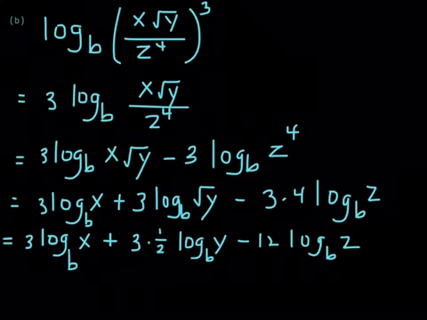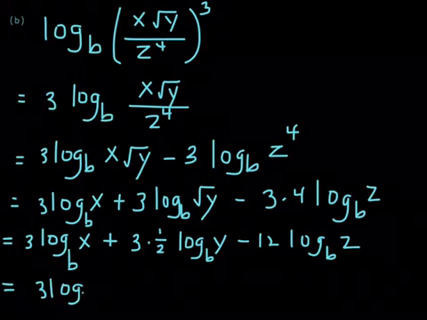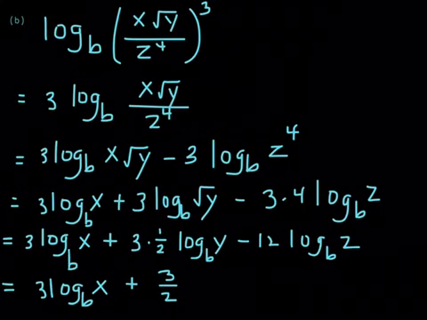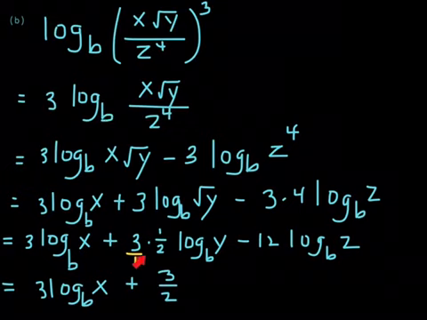Cool. Now to wrap this up, it'll be 3 times log base b of x plus 3 times 1/2 is just 3/2. Remember that there's an invisible 1 or an implied 1 underneath 3, so you multiply straight across. It's 3 times 1, which is 3, over 1 times 2, which is 2.